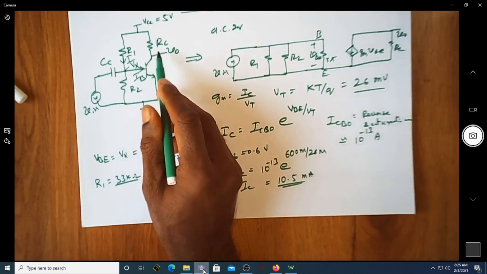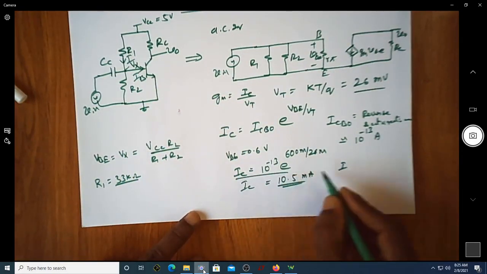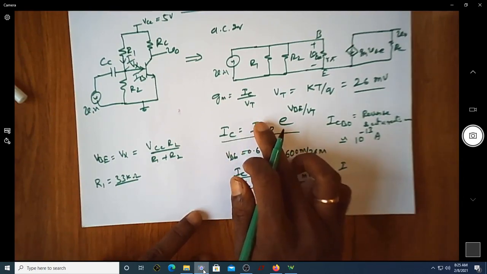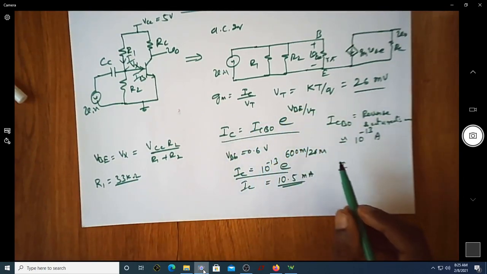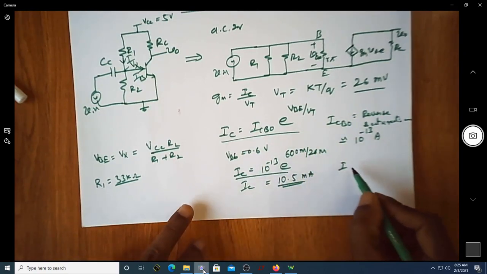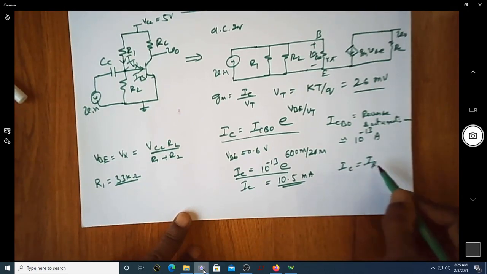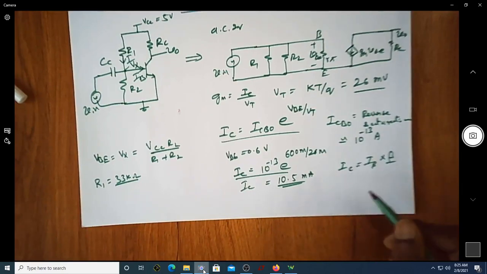If IB reduces naturally, because we know that along with this expression, IC is equal to ICBO exponential VB by VT, IC is also given by IB into beta, which is the other expression.